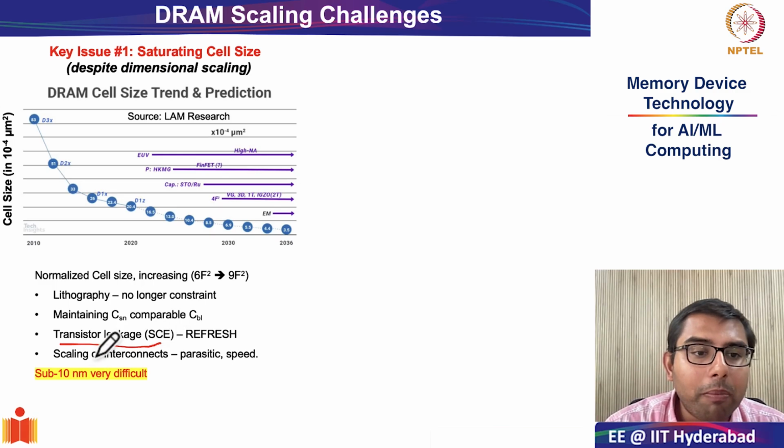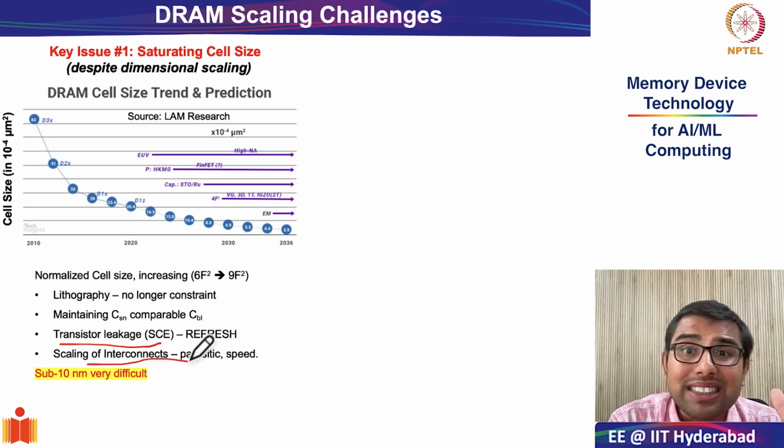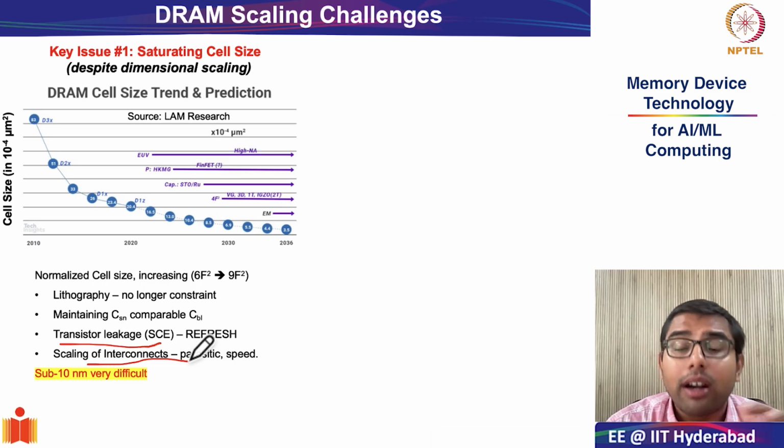The other big problem is that of interconnects. Remember, DRAM is the first off-chip memory. The reason is that the capacitor that we fabricate in the DRAM chip cannot be integrated very easily with your logic operation or the advanced CMOS technology nodes.